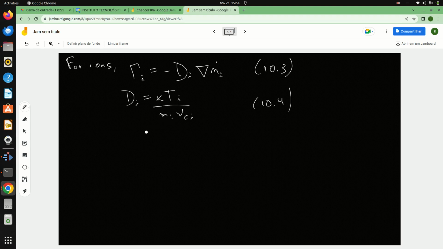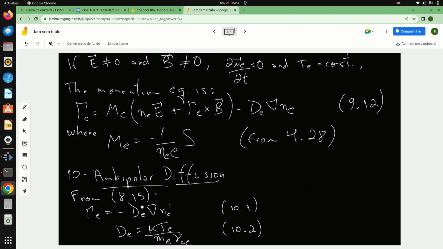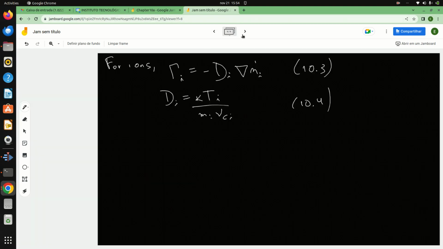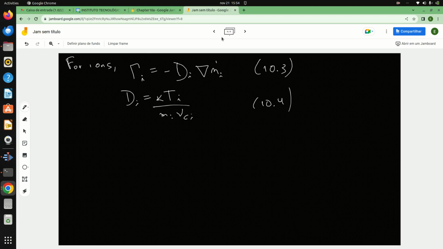Since D E and D I are inversely proportional to M E and M I respectively, and the mass of electrons is much smaller than the mass of ions, the electrons diffuse much faster than the ions. Then the ion coefficient is much smaller than the diffusion coefficient of the electrons. In that case, that will leave an excess of positive charges behind.